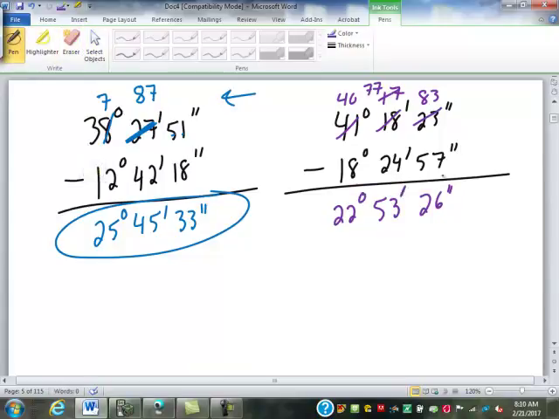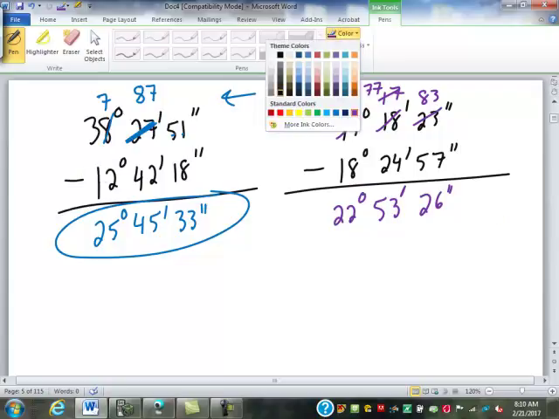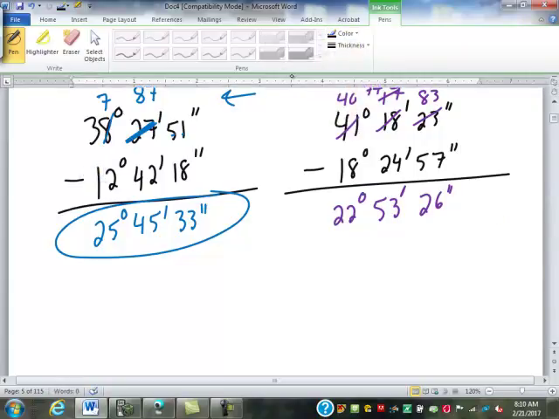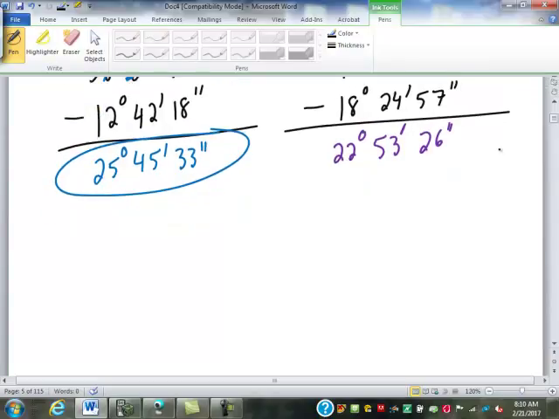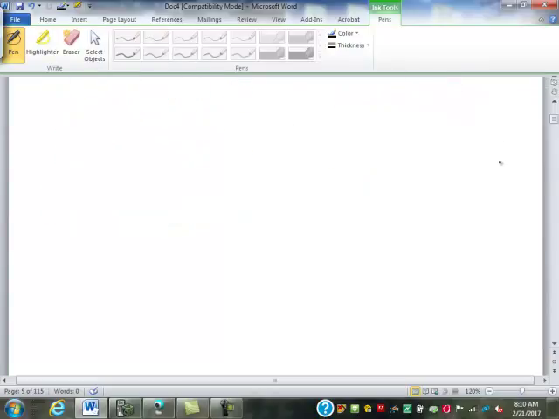Is that what you come up with? Yes? Oh, you're still doing the other one? Okay. Okay, so then we have to look at multiplication.